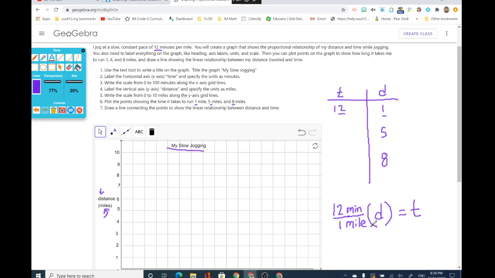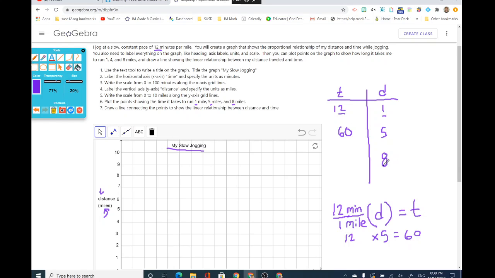Great. Now let's try the distance of 5 miles. If our distance is 5 miles, then 5 times 12 equals 60 minutes. It takes 1 hour for me to jog 5 miles. Not that I do much jogging these days. Time takes 60 minutes.